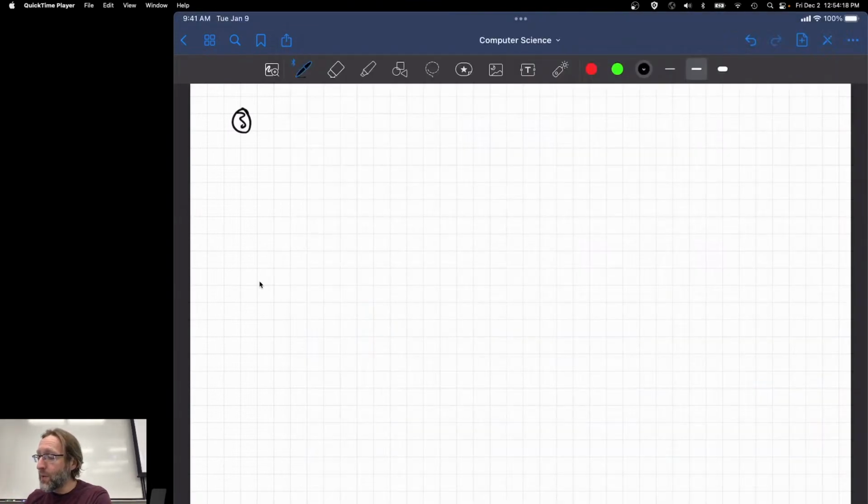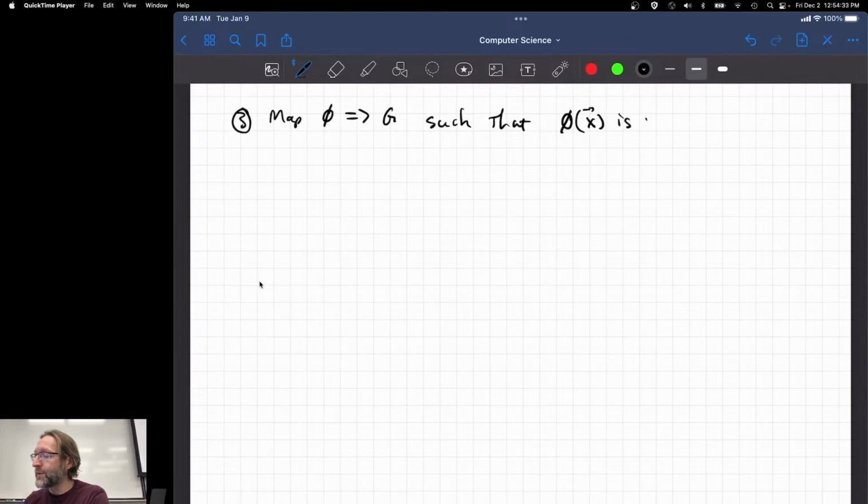So what I want to do is map a propositional formula, phi, to a graph, G, such that phi is satisfiable if and only if G has a clique of size k. Okay?